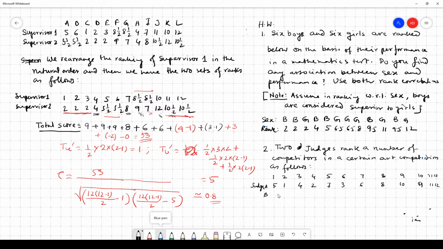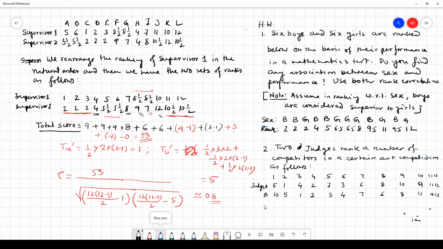Judge B: 10, 5, 1, 2, 3, 4, 7, 6, 8, 11, 9, 12.